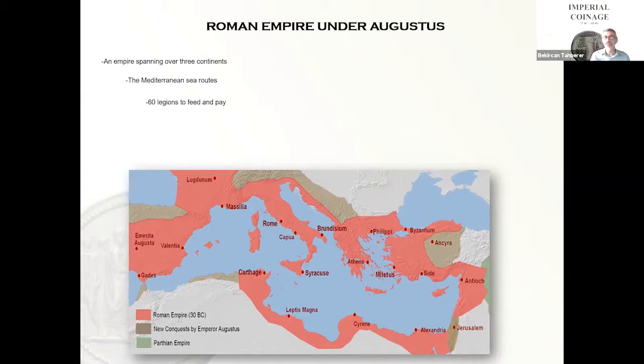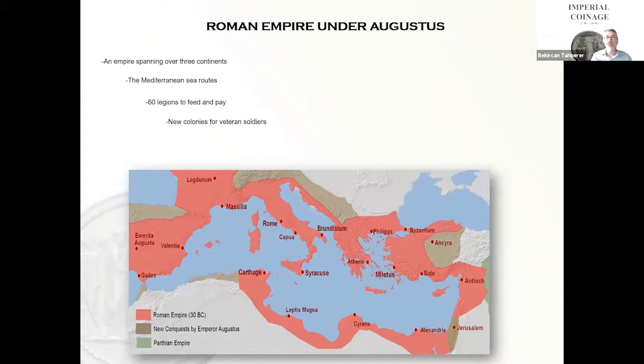And 60 legions to feed and pay. That is the challenge he has. His 30 plus legions simply swelled up to 60 legions when he defeated Mark Antony in his final bid, and some of these people expected that he pay them, and he pays them handsomely.